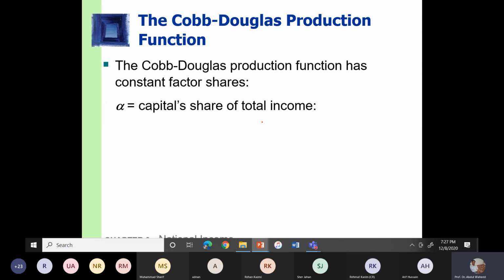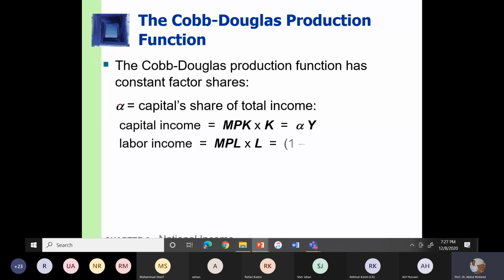Because total share would be distributed between capital and labor. So it means 1 minus alpha would be the share of labor. If alpha is the share of capital, then 1 minus alpha would be the share of labor.